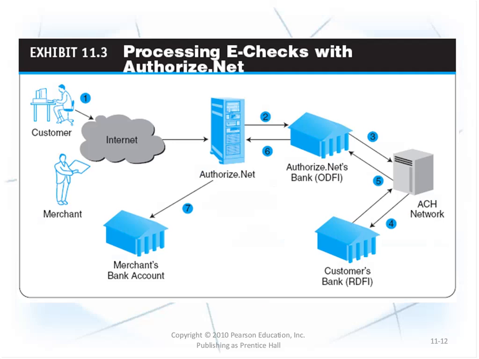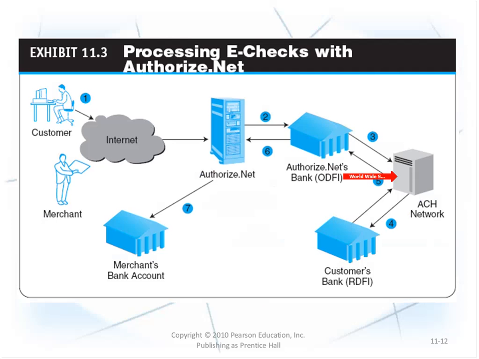The information, actually we are talking about payment, goes to authorize.net, and then authorize.net's bank gets a connection with the ACH network. The ACH network processes the request and gets the connection with the customer's bank.